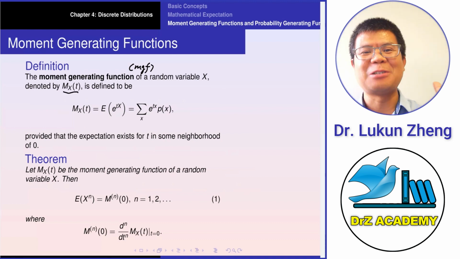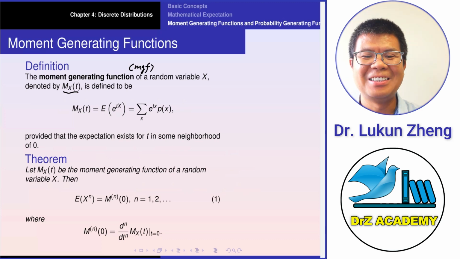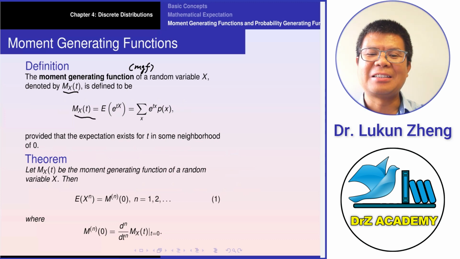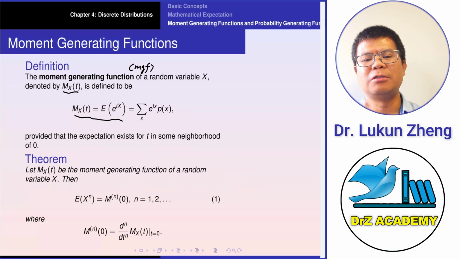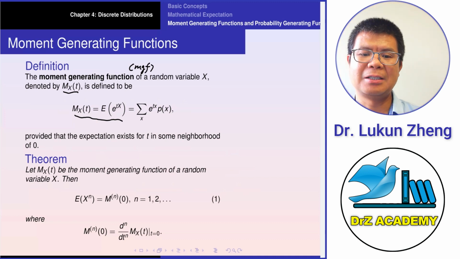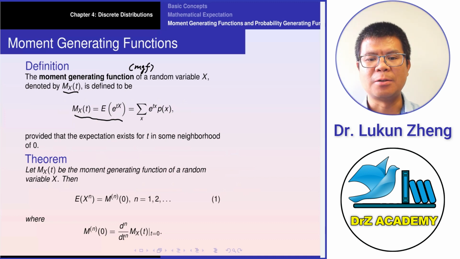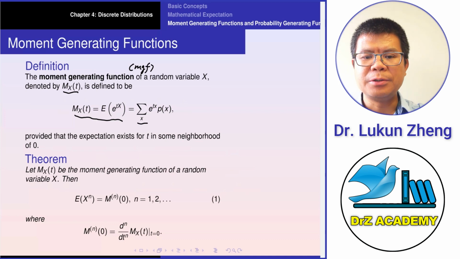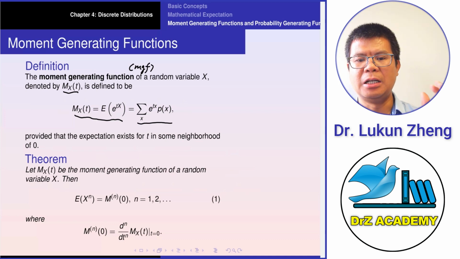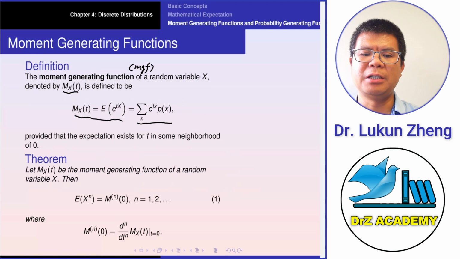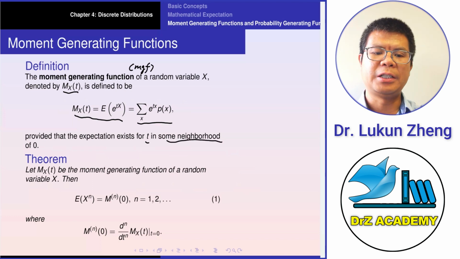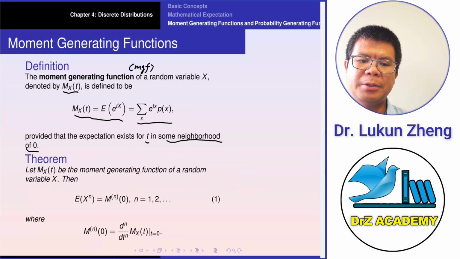It's a special expectation. It is given here: the expected value of e to the power tX, which equals the summation over x of e to the power tx times p of x, provided that the expectation exists for t in some neighborhood of 0.